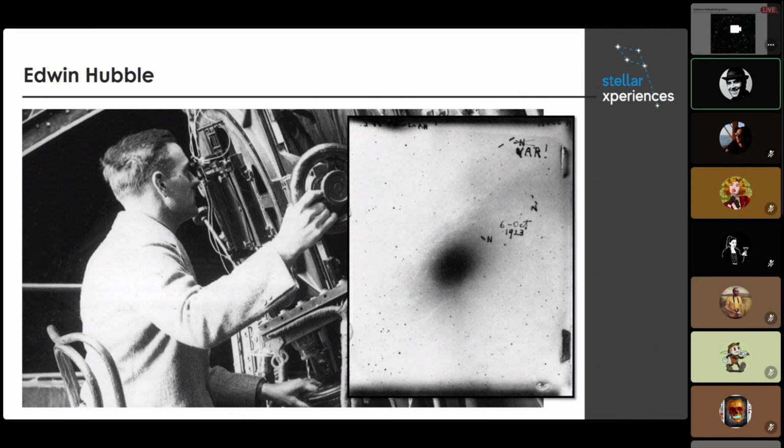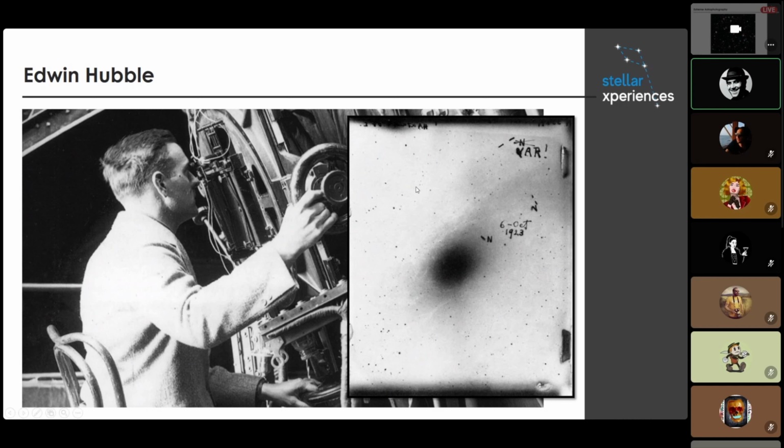He discovered that the Milky Way galaxy is not the only galaxy in the universe, because before his discovery, we thought there was only the Milky Way galaxy and there were nebulae all over.